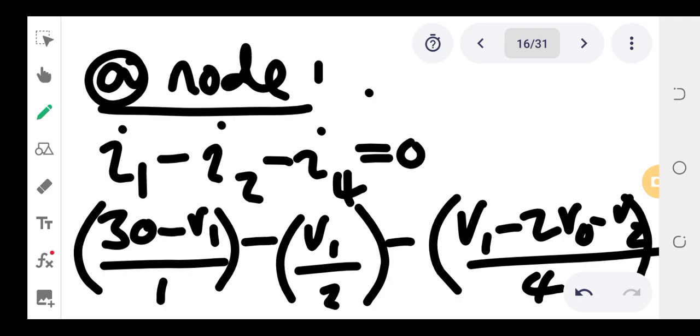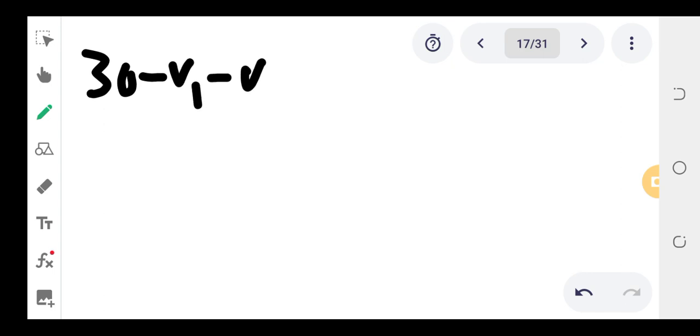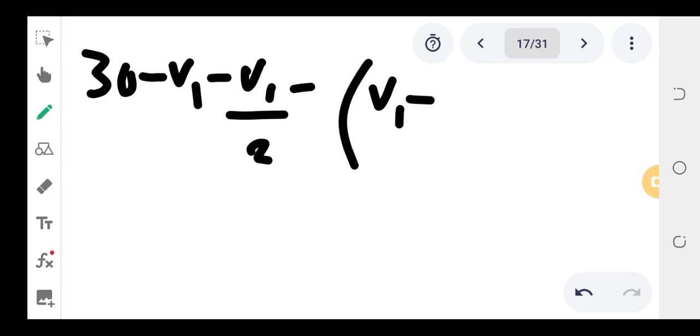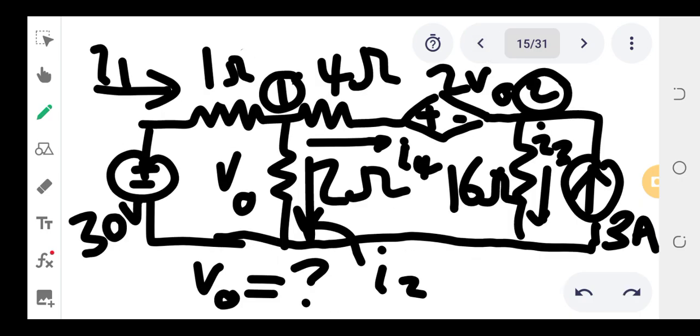Let me copy this equation somewhere. What we have is (30 minus V1), then V1 over 2, minus, in the bracket, V1 minus... where there is Vo, Vo is the same as V1.